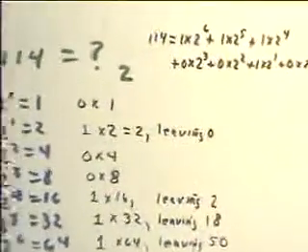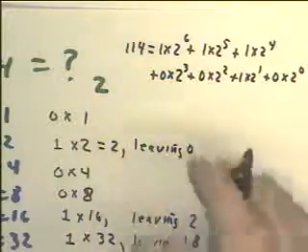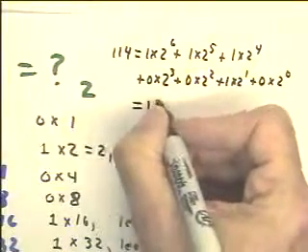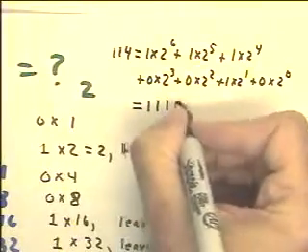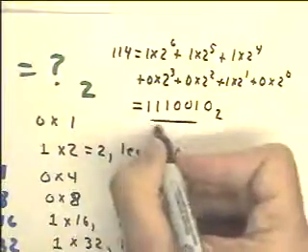Let's zoom in just a little bit so we can get a good close look at that. And of course then that's going to be written as 1, 1, 1, 0, 0, 1, 0, base 2.